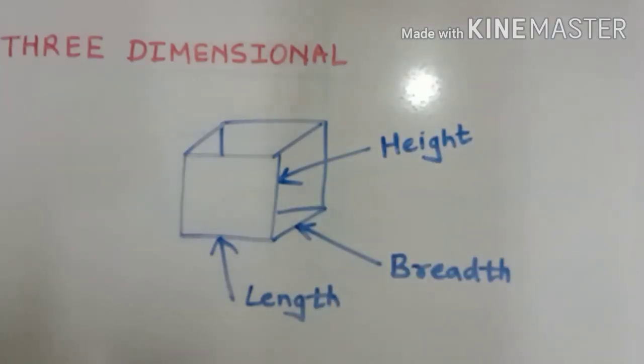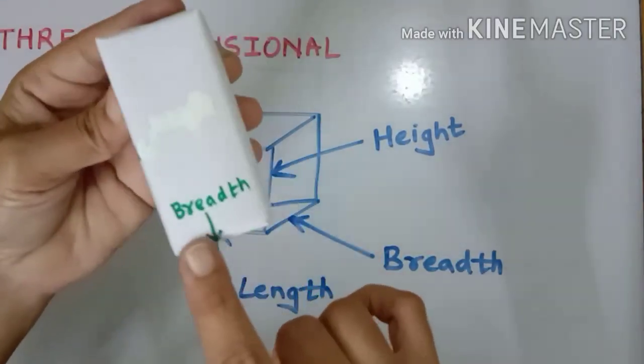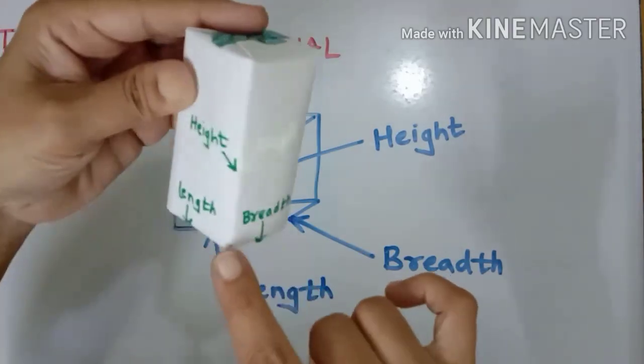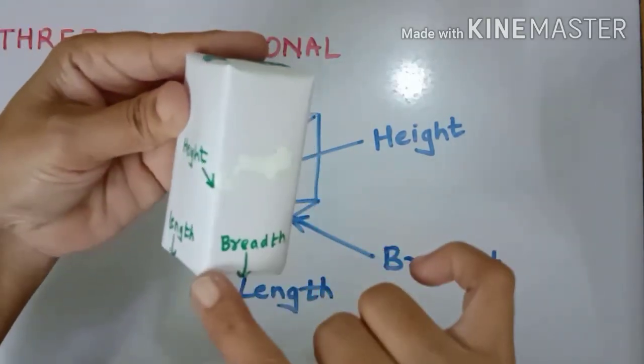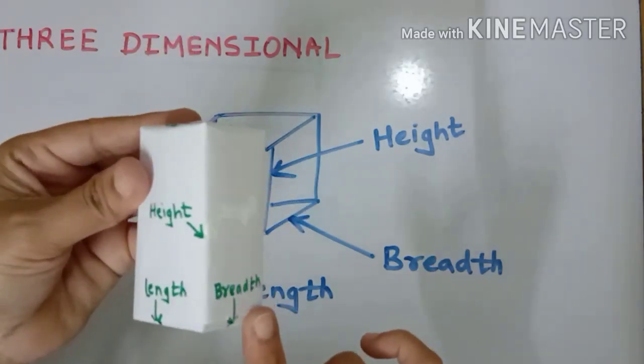Such objects are called three-dimensional objects. For example, here is a box. This is length of the box, this is breadth of the box, and this is height of the box. Such objects are called three-dimensional objects.